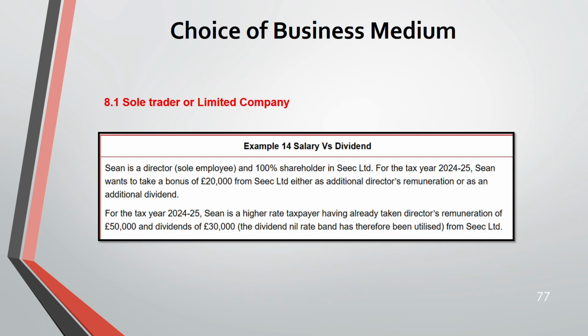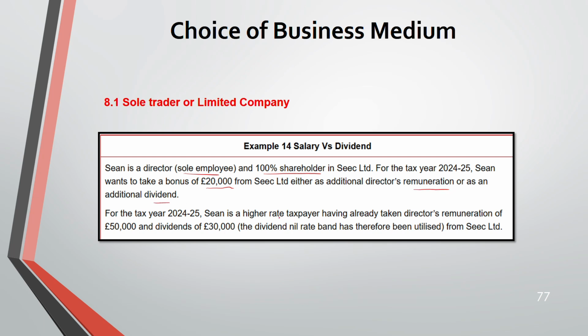Now, example 14. Let us go through example 14, salary versus dividend. This question is also a very famous question. It often appears in past papers. Here Sean is a director, the sole employee. That means he's not eligible for the 5,000 employer's allowance, and he is a 100% shareholder. He wants to take a bonus of 20,000 either as salary or dividend.